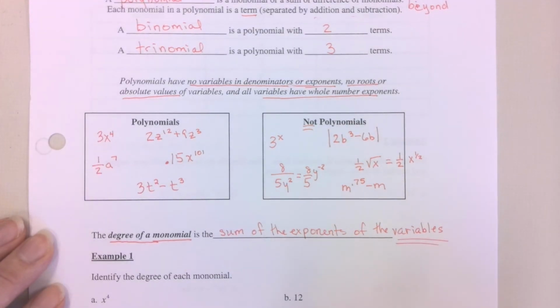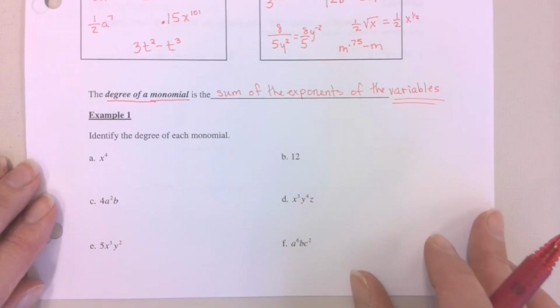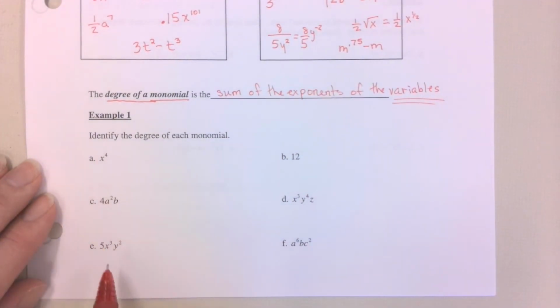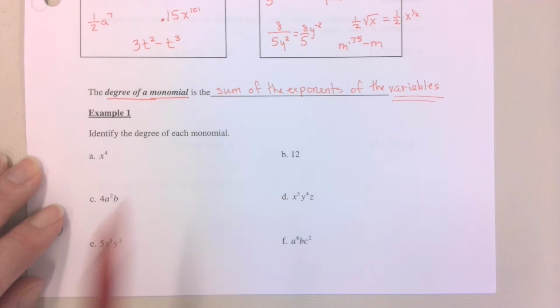I'm going to stress that. So our next set of examples are all monomials: one term put together with multiplication. So I have a coefficient, and a variable with a degree times another variable. Now what I want to do is identify just the degree of each monomial.